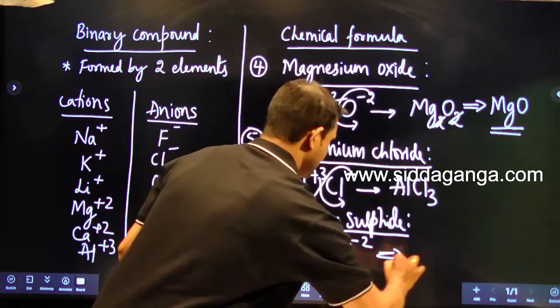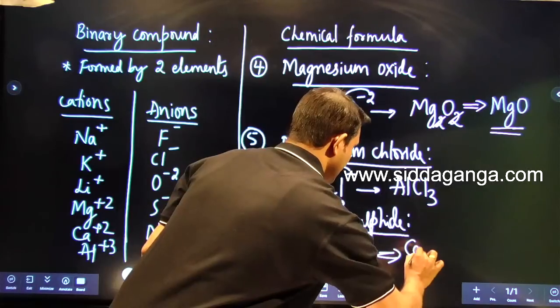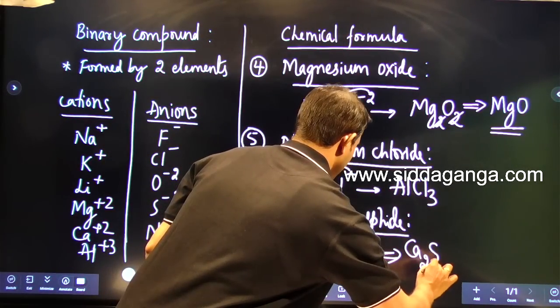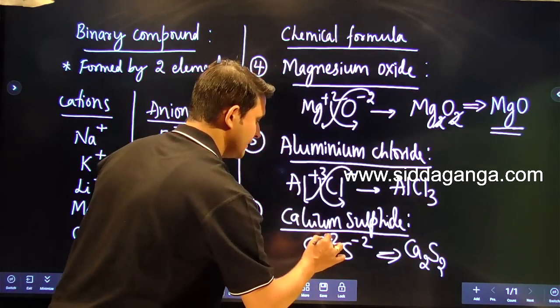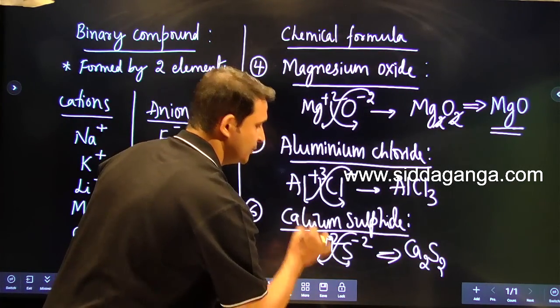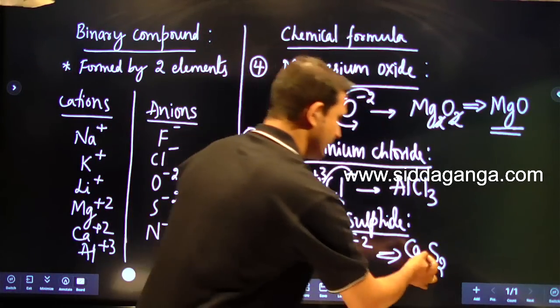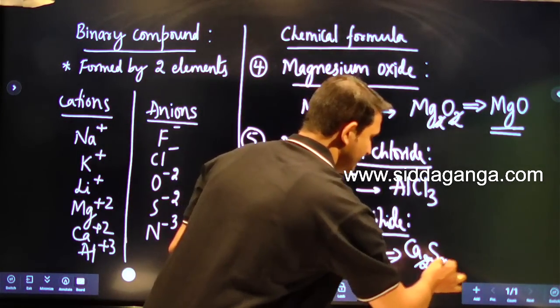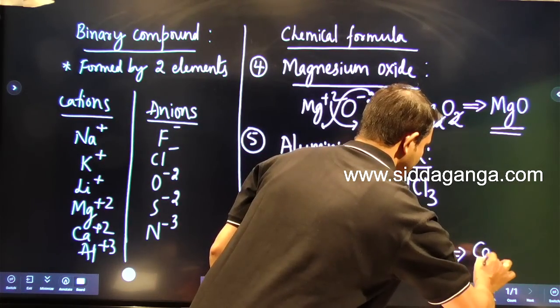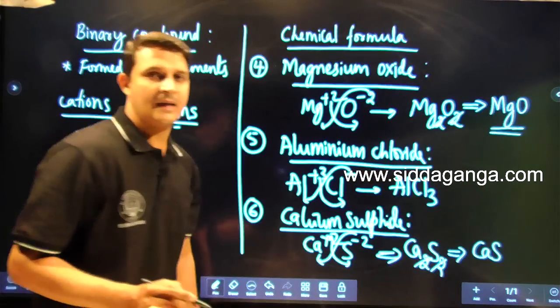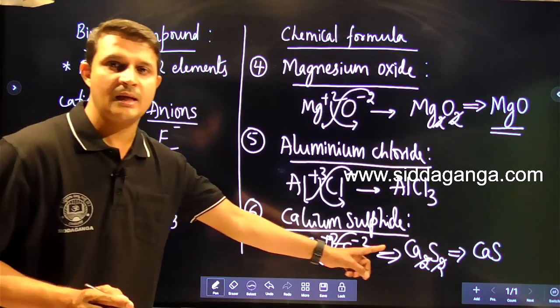So the formula will be Ca2S2. See here, 2 here, 2 here. When we have Ca2S2, the 2 and 2 get cancelled to form CaS, calcium sulfide, CaS.